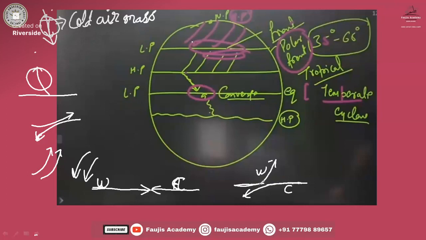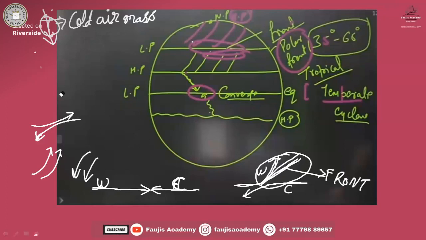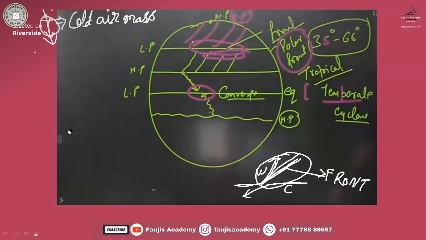Then there is this sloping boundary, it might go upwards this much or like this also. When the sloping boundary formation happens, that sloping boundary is known as the front. So all those definitions are mentioned in the slides, and we'll see that also in the later part.